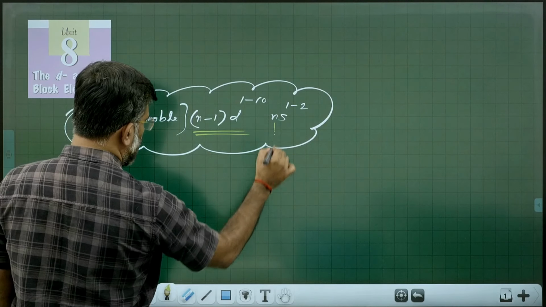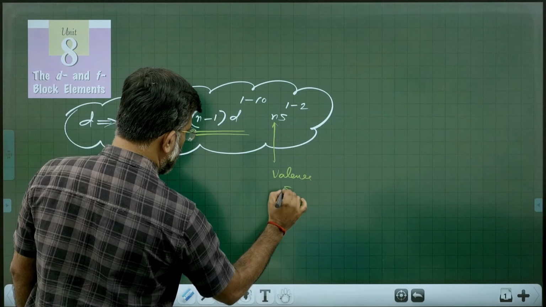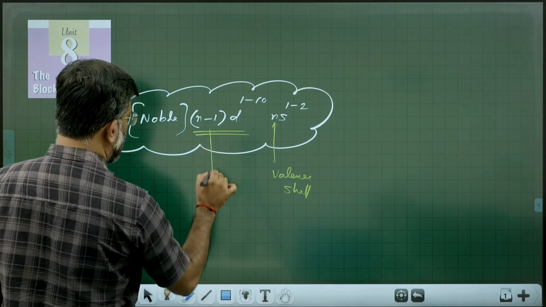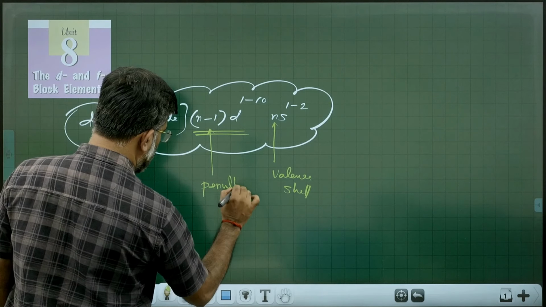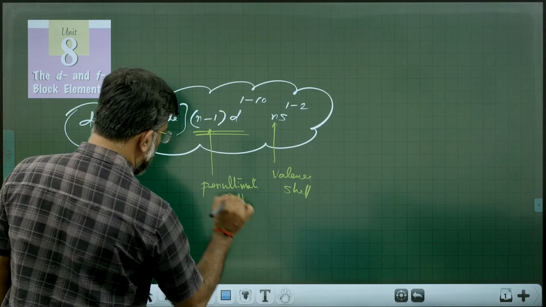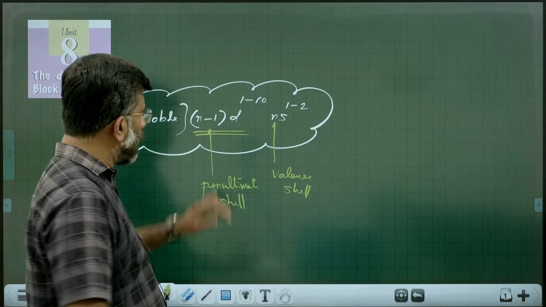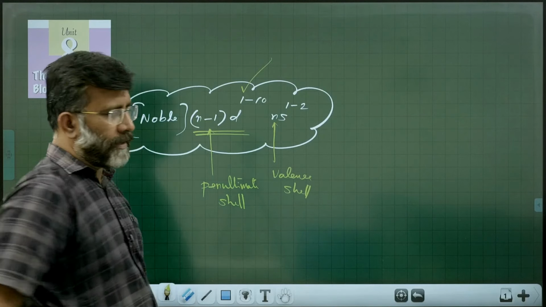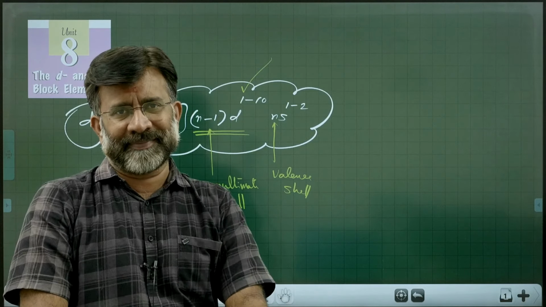N is the valence shell and N-1 is the penultimate shell. So the electrons are entering in the D orbital of the penultimate shell.